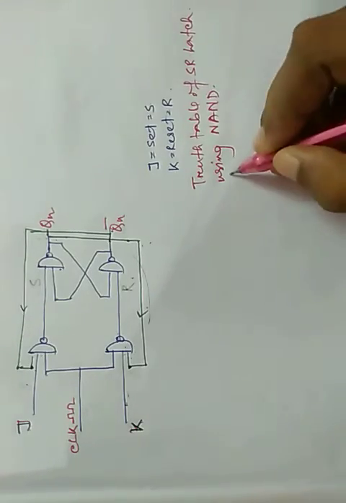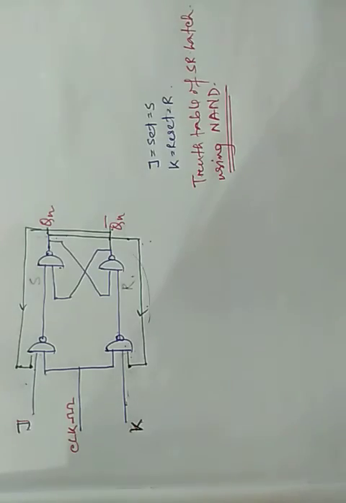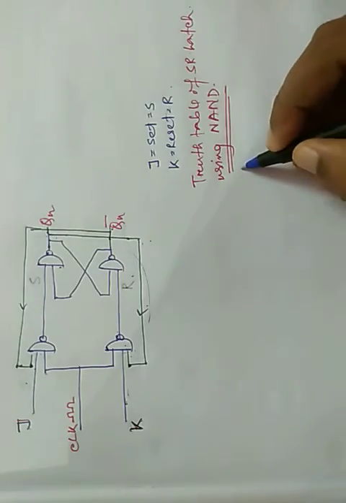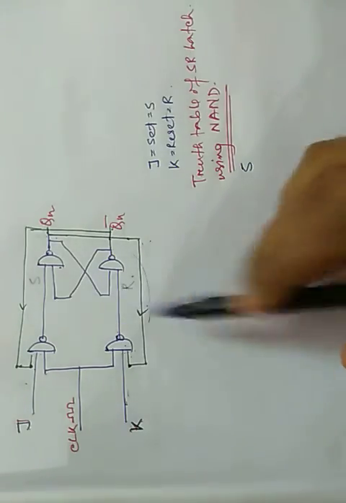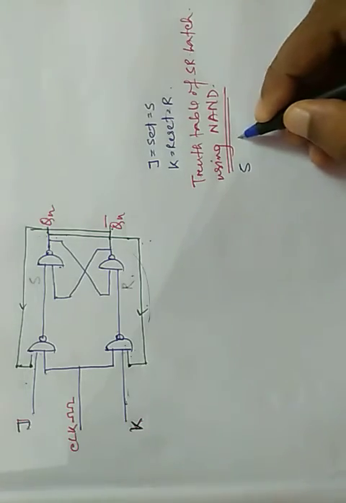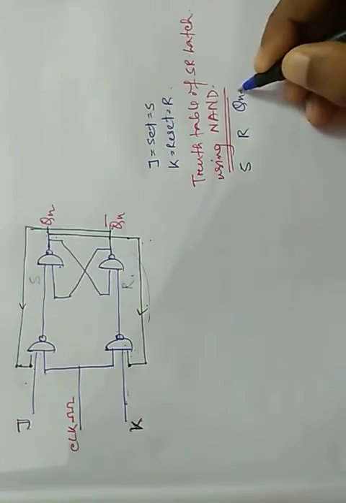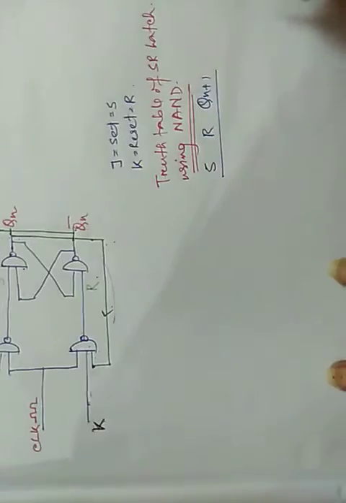As this latch is used here, we need this truth table to draw the truth table of JK flip-flop. So I am writing the truth table here.